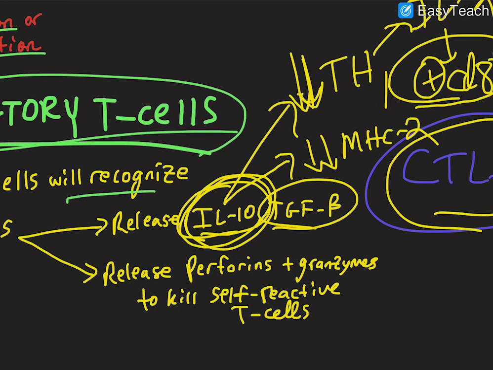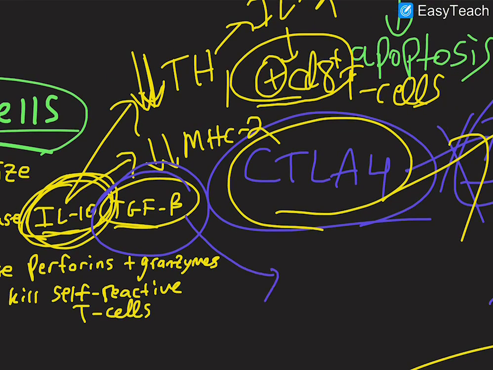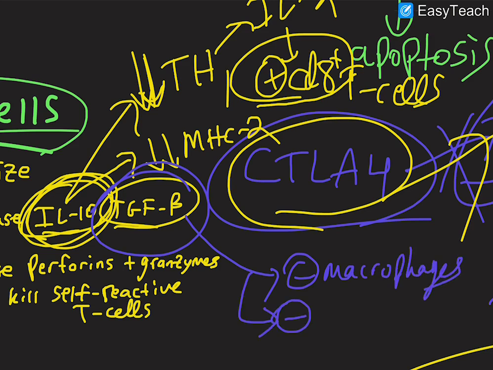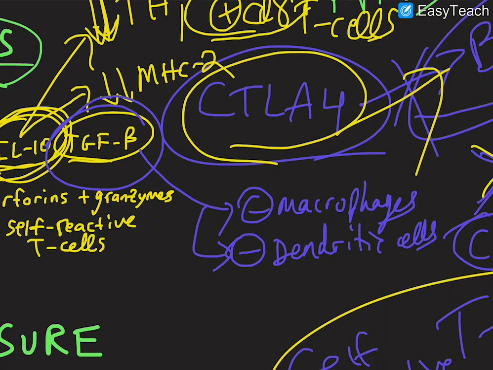Now, regulatory T cells can also release transforming growth factor beta or TGF beta. What does TGF beta do? Well, TGF beta suppresses activation of macrophages. It suppresses activation of dendritic cells, and TGF beta reduces T cell proliferation, okay, inhibits T cell proliferation.